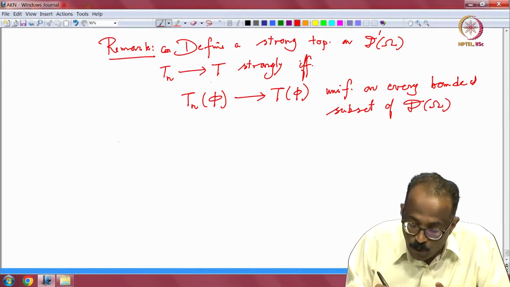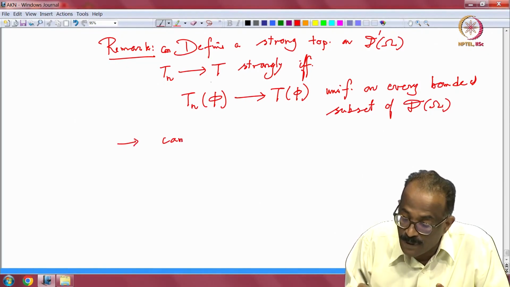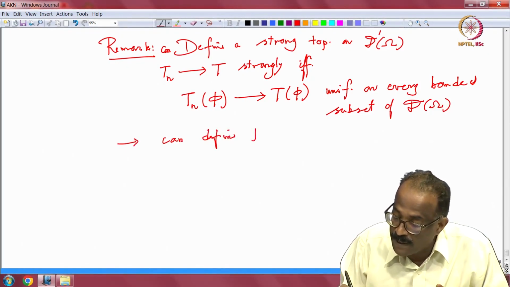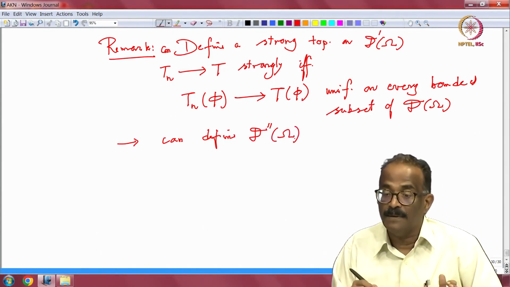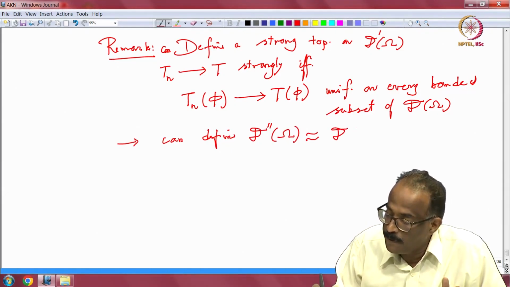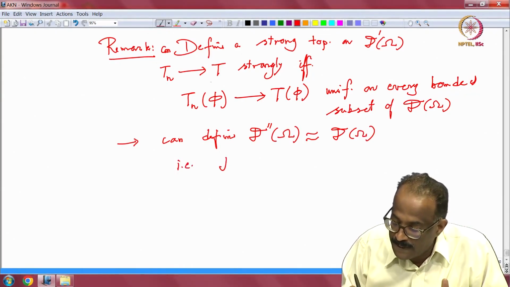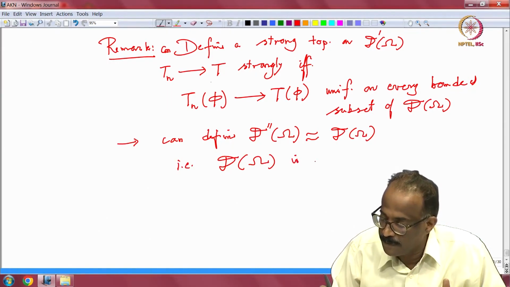So, under this topology, once you have a strong topology, you can also define your D double prime of omega, and it can be identified with D omega, that is, D omega is a reflexive space.